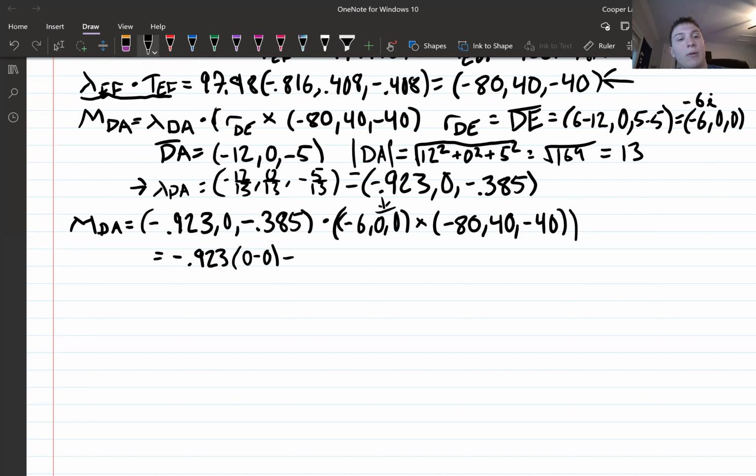And here, on this one, we have our lambda equals 0. So that's going to be 0 times some value. However, it doesn't matter because it's multiplied by 0.